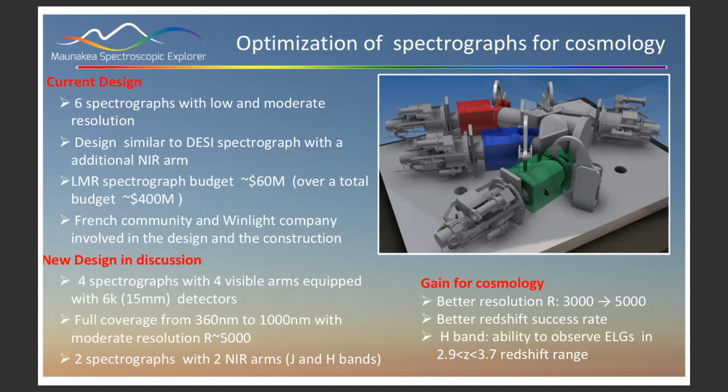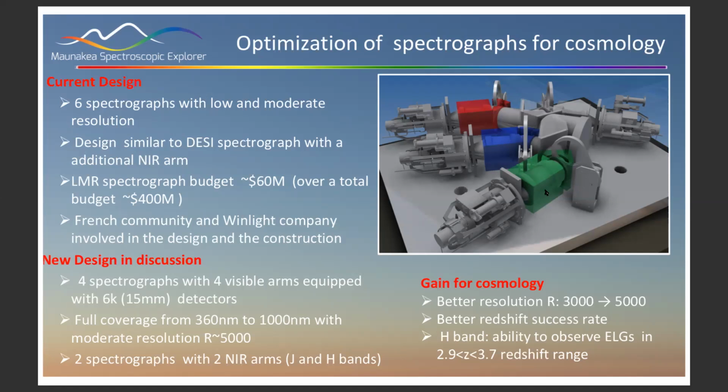And so the idea is really to switch to 4 visible spectrographs with 4 arms and with wider detectors. And so this means that we will be able to cover this range in wavelengths with a better resolution, of the order of 5,000, and 2 specific spectrographs just for the near infrared.